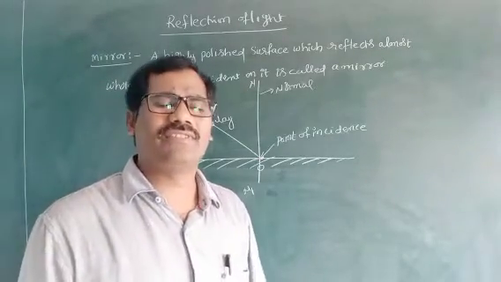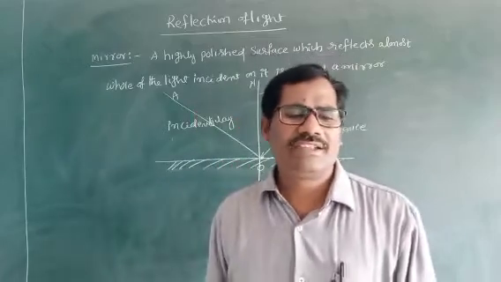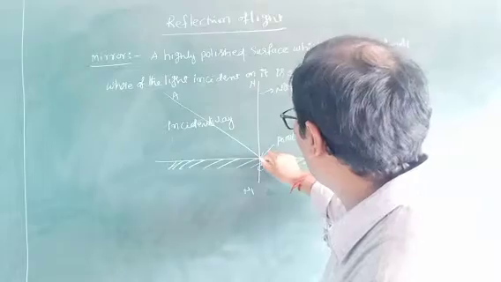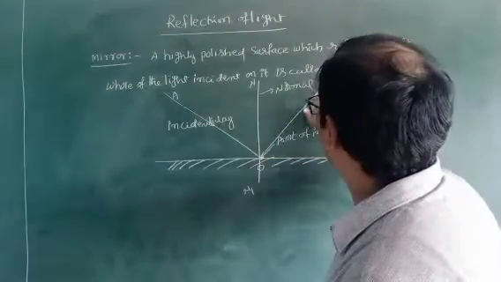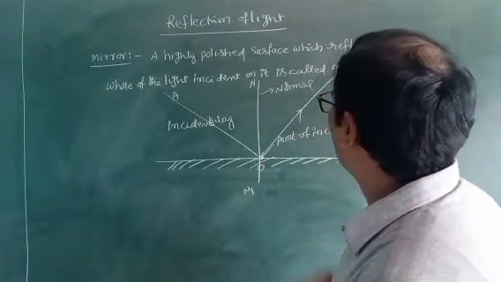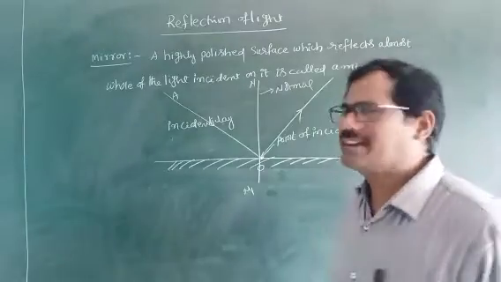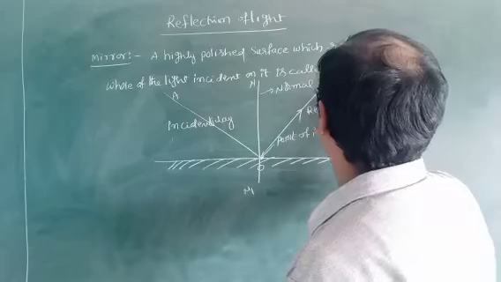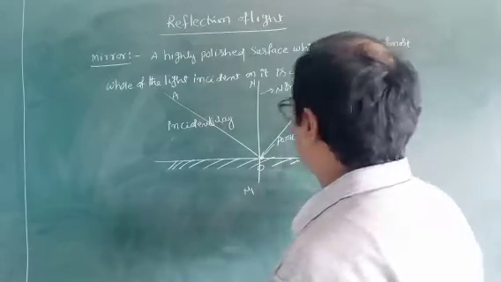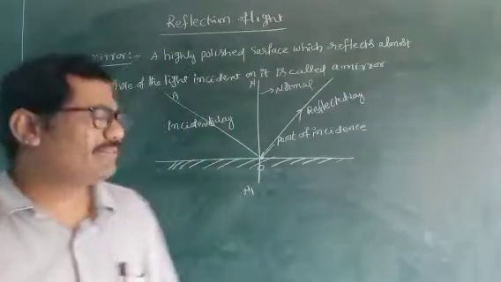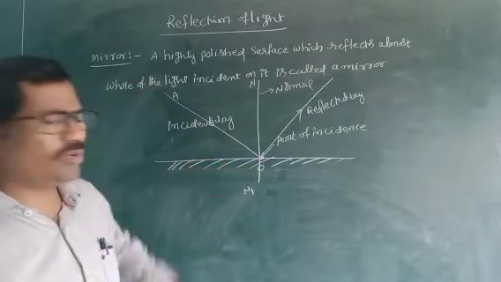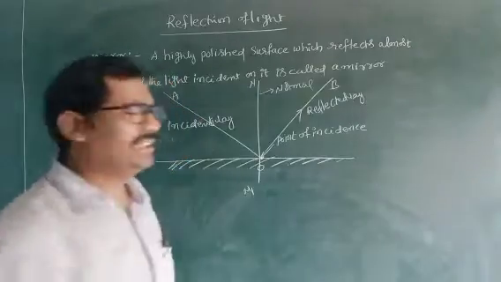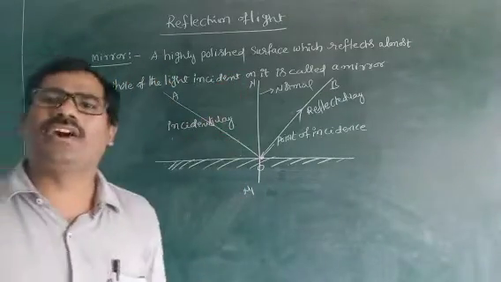Okay. Next one, what is the reflected ray? The light ray coming back into the same medium is known as the reflected ray. In a highly polished mirror, O is the incident point, OB is the reflected ray, and N and N dash is the normal.